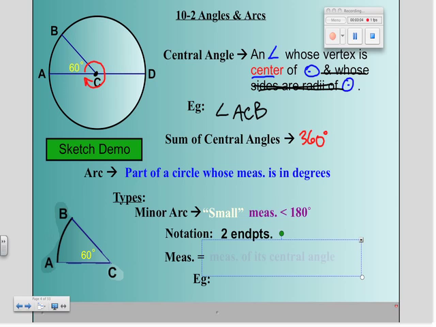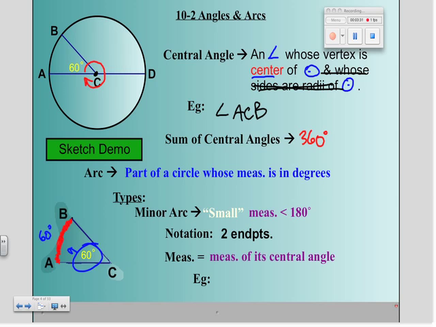So if this angle, angle BCA, has a measure of 60 degrees, you'll see that the measurement of its intercepted arc, and I like to shade or color my arcs, makes it kind of look like a pizza or a slice of pie, but that is what we're finding. We're finding the measurement of that red arc, that part of the circle.